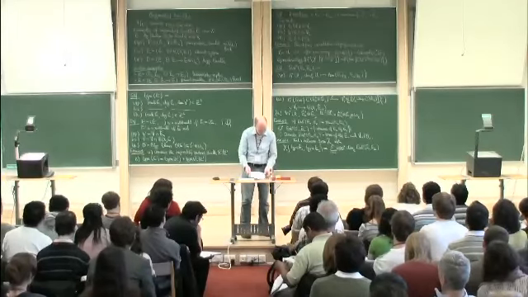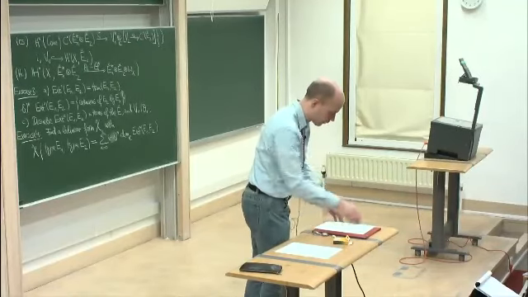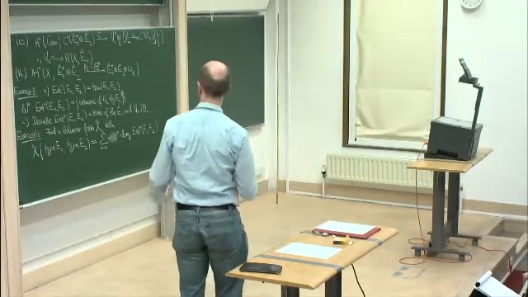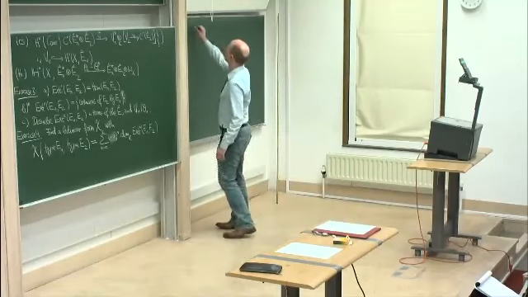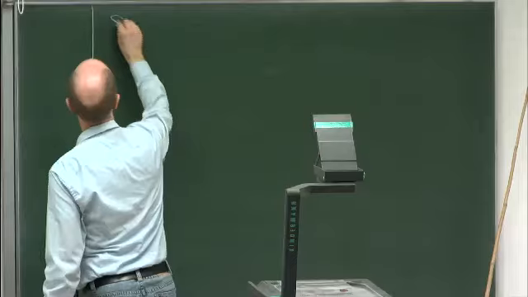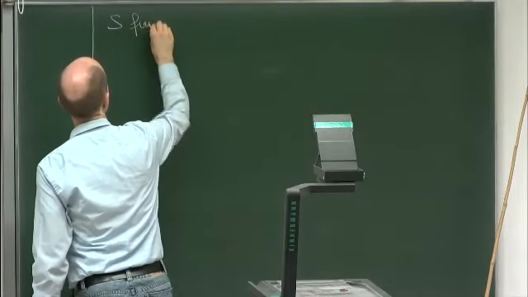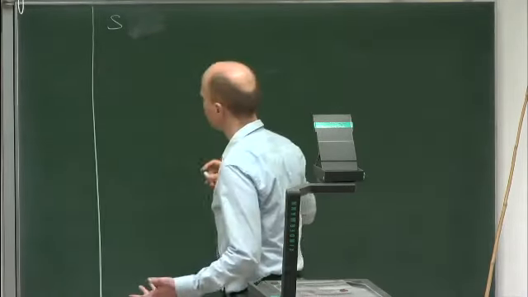So in the last 15 minutes of today's lecture, I'd like to talk about families, because I want to get at moduli tomorrow. So I'll talk about families parametrized by some parameter scheme.